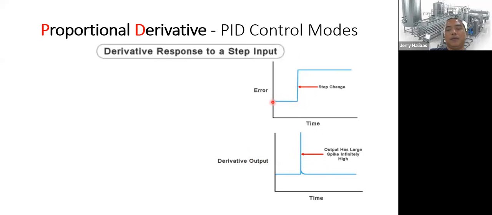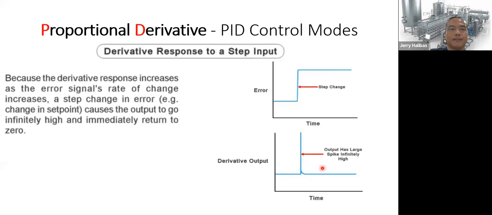Okay? So in mathematics, this is a pulse. In mathematics, or even in advanced communication, electronics, or electrical courses, the derivative of a pulse is actually an impulse. This is the impulse.